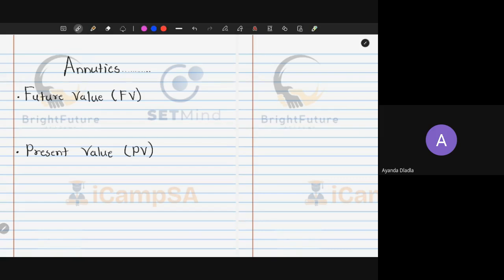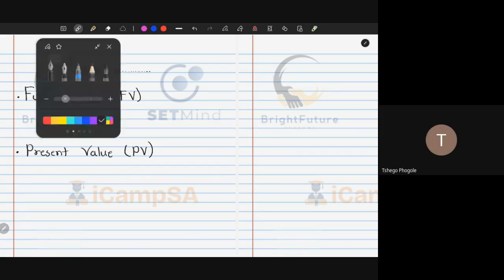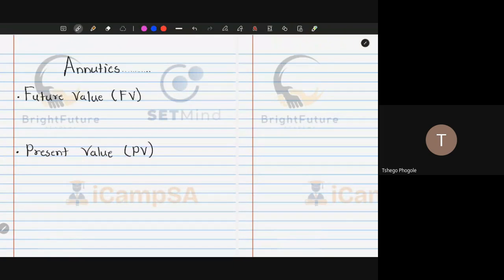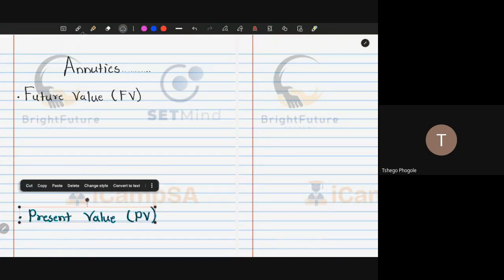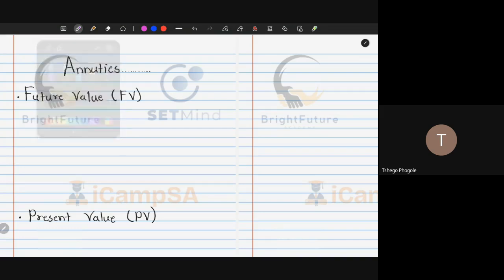These are the two important parts of annuities. So future value, what is happening here? On future value, we need to look for key terms that will help us to know that we are dealing with future value. So let's have a look at these key terms. What are they?